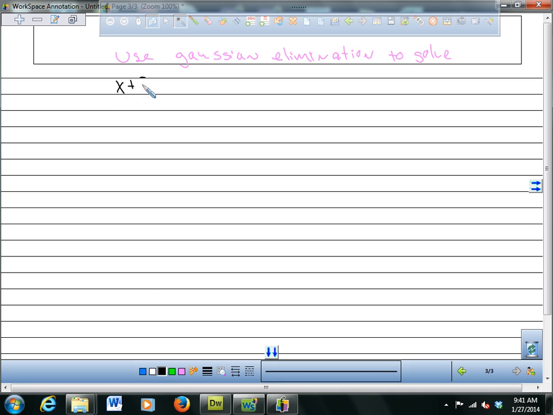x plus 3y minus 2z equals 1. And then we have negative x plus 2y plus 6z equals negative 2.